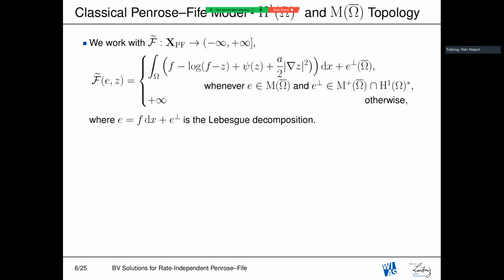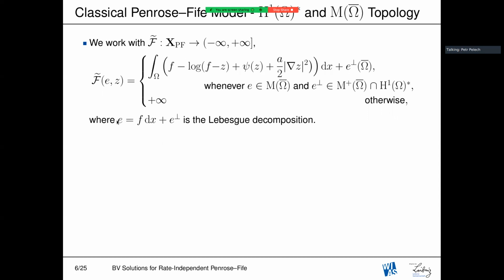Just a short comment, because we were also interested, and we needed for other works, how the functional looks like actually. So that's the form we use. If you take E in the H1 star and Z in L2, that's how the functional is defined.